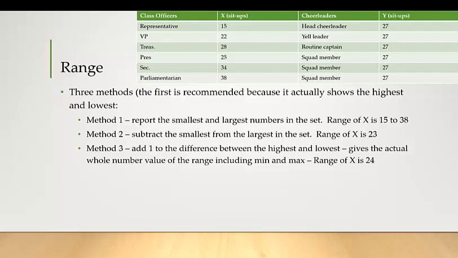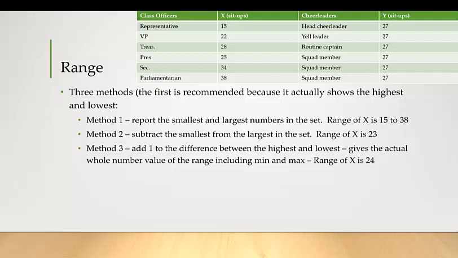In other words, we're saying that there is 1 slot available for cheerleaders, and we can look at our mean and see that that's 27. Okay. Our range for our class officers of 24 would mean that there are 23 slots between the lowest and the highest. Okay. So that's range.